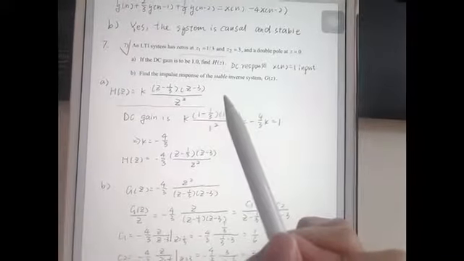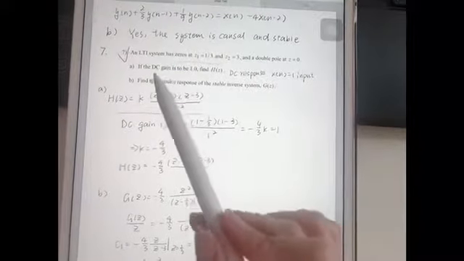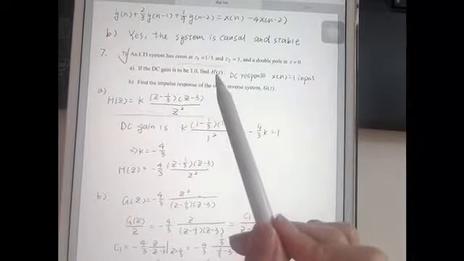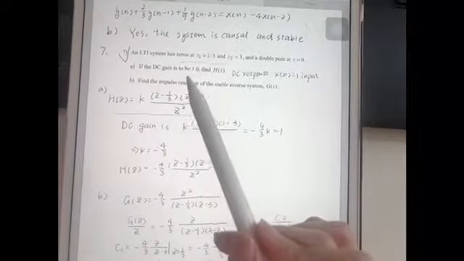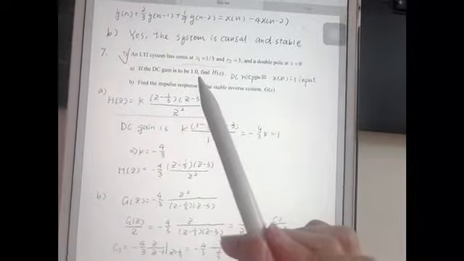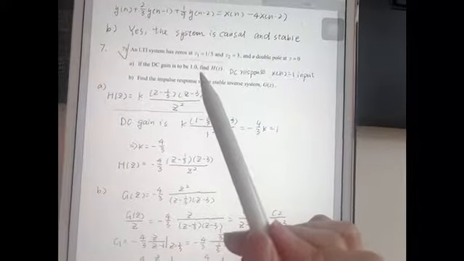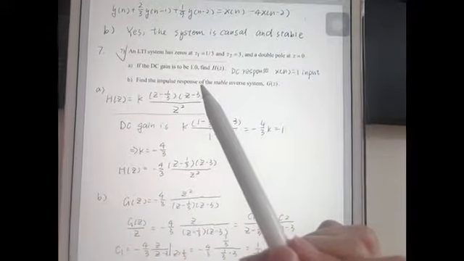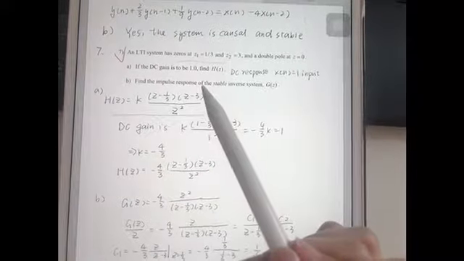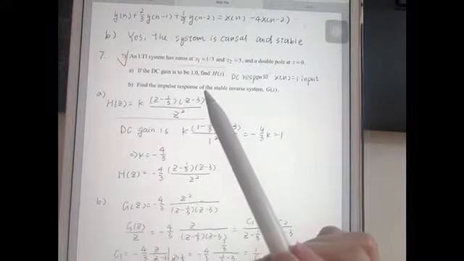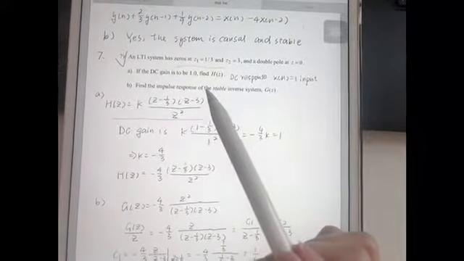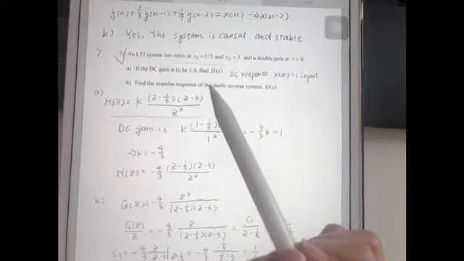Question A asks us to find H(z) if the DC gain is to be 1. From the lecture, we have known that the DC response is the output when the input is x[n] equals 1 for all n.